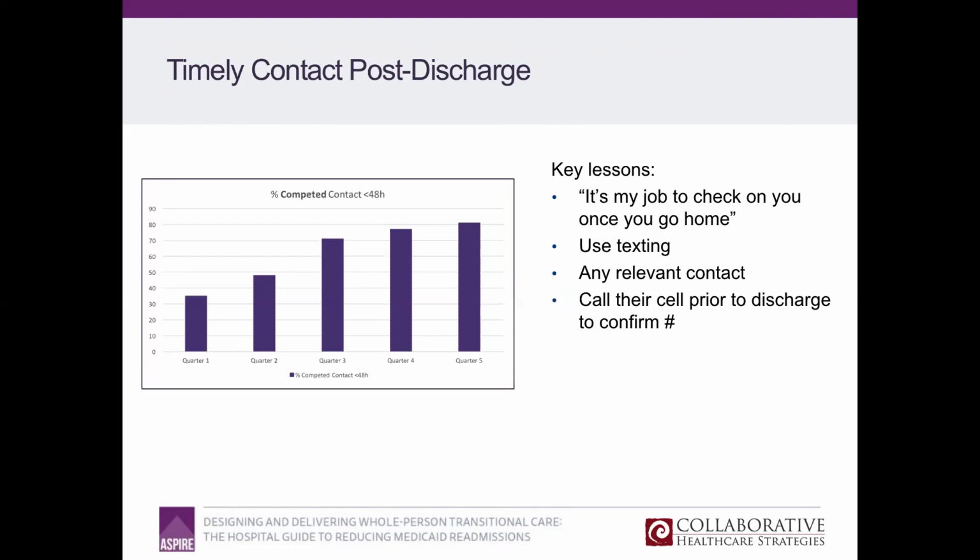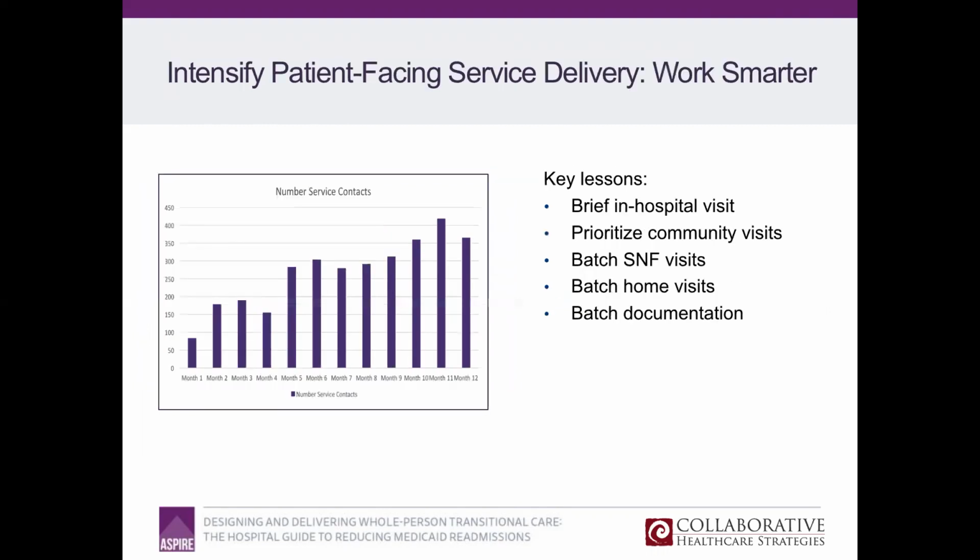Slide number 32 is a reminder that when you start a program, your staff, yourself, all of us, we don't start off the most efficient and effective versions of ourselves or of the work that needs to be done. And so again, this is the same team and with the same FTEs. And what we tracked was patient-facing interventions per month.